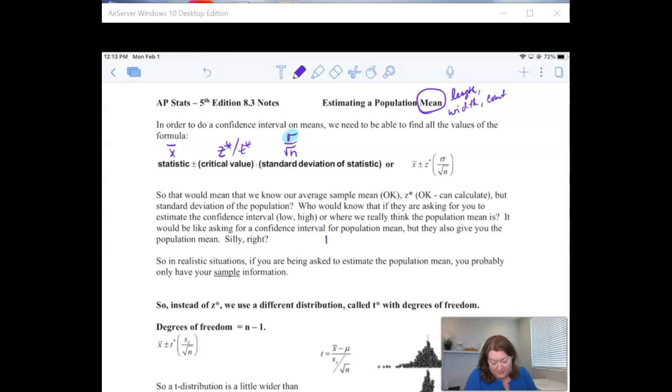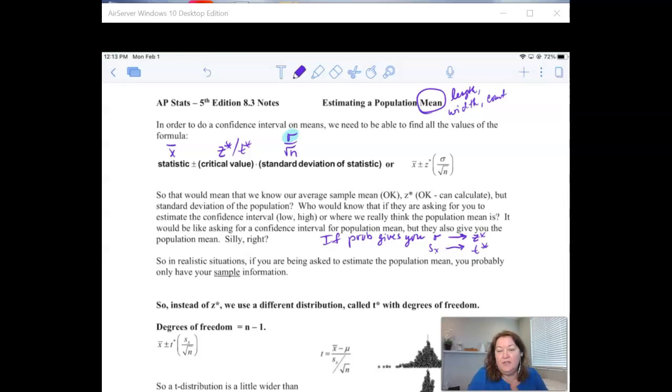So if the problem, for whatever reason, gives you sigma of the population, then you get to use a z star score, just like we did for proportions. But if the problem gives you just the standard deviation of the sample, then we're going to have to switch over to a new distribution called a t star score.